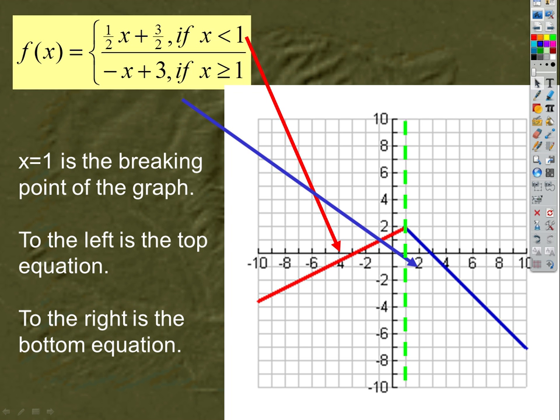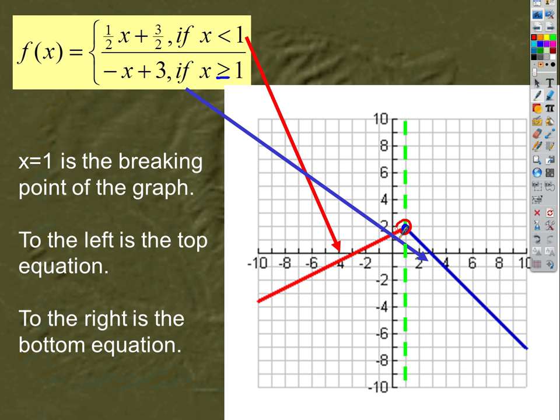Okay, good. So the bottom one, here's the key, right? The bottom one includes an equal sign. And so that means at x equal to 1, we're on the blue function. So the blue one keeps a solid endpoint there. The red one, technically, has an open circle because it's not including the endpoint.